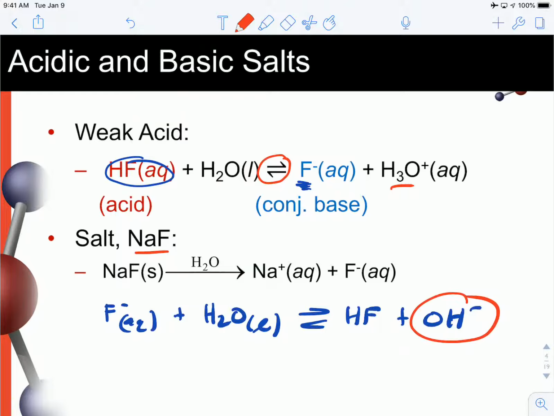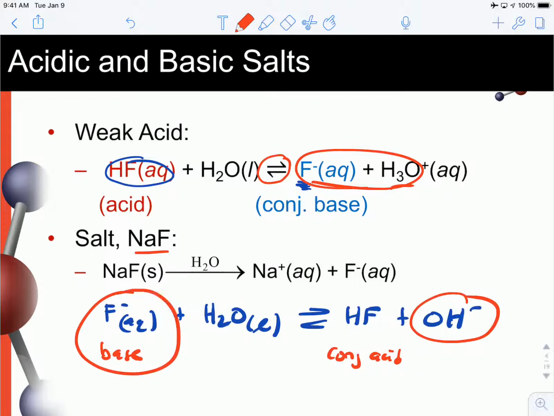Okay, so you're adding a salt now, so there's not the hydronium ion for the fluorine to react with like there is up here, but it can react with the water. This is what makes it now a weak base. You now have this acting as a base, and this being your conjugate acid. So effectively now we're saying fluoride is acting as a base.